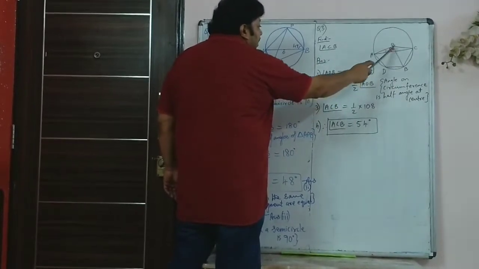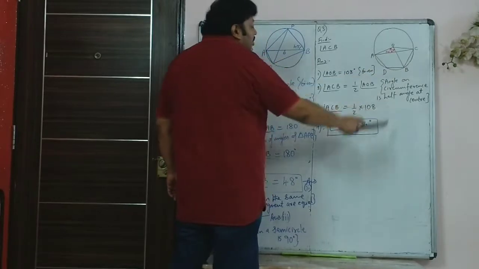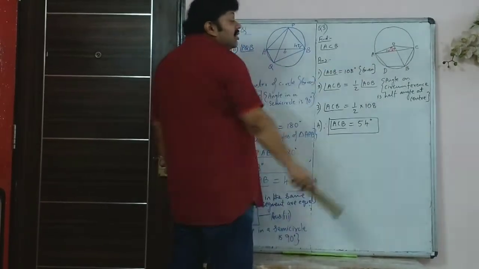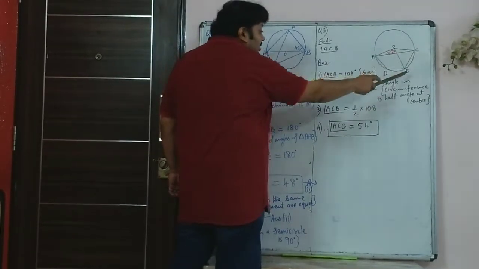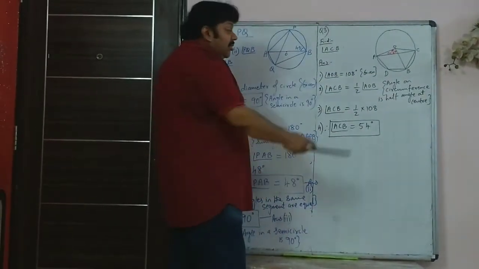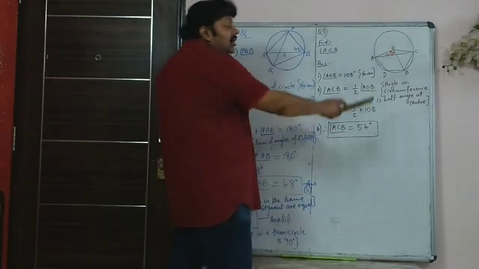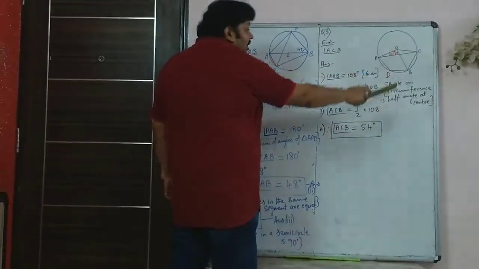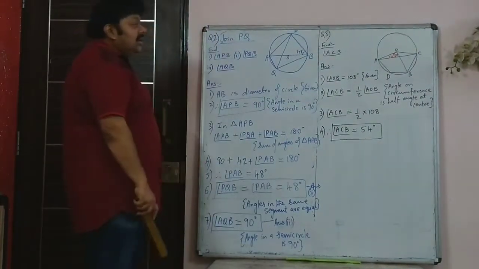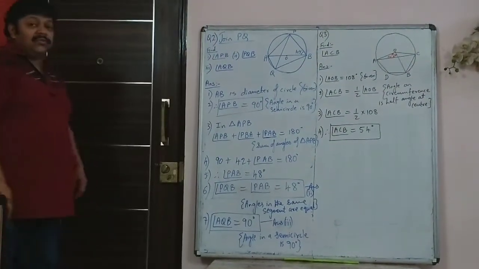So both angle at the center and angle on the circumference are in the same segment. So therefore AOB will be 2 times ACB, or angle ACB will be half of AOB. Reason has to be written, angle on the circumference is half the angle at the center. So angle ACB will be directly 54 degree.